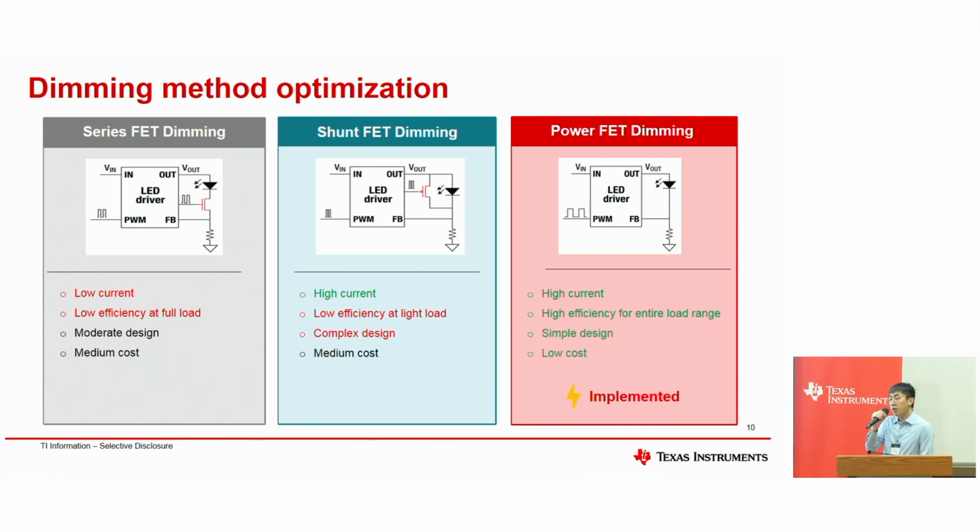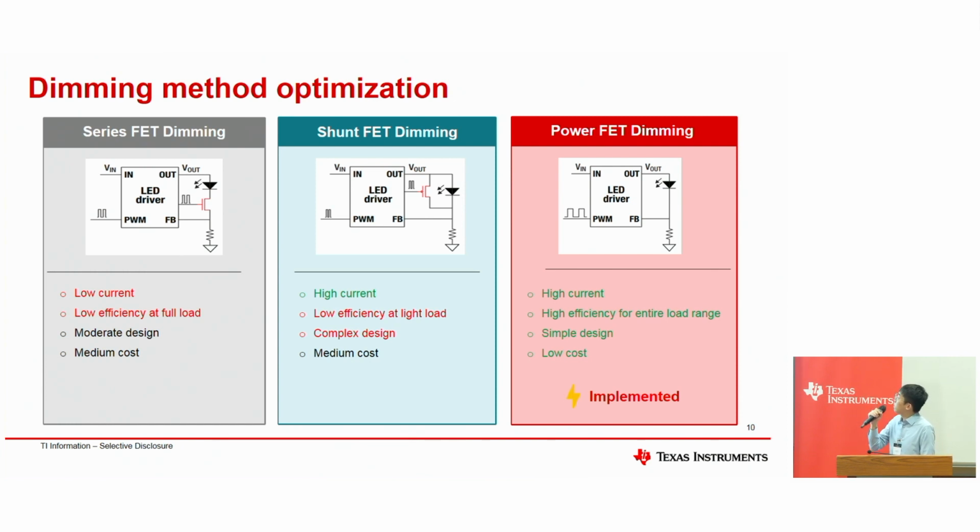What our new product implements, on the right, is power FET dimming, where we no longer use an external power MOSFET and instead integrate it into our LED driver. We are also bringing this new control scheme with some major advantages: we are improving the efficiency across the entire load range.